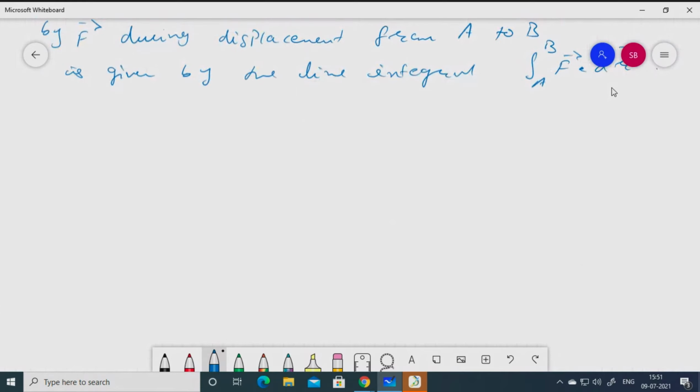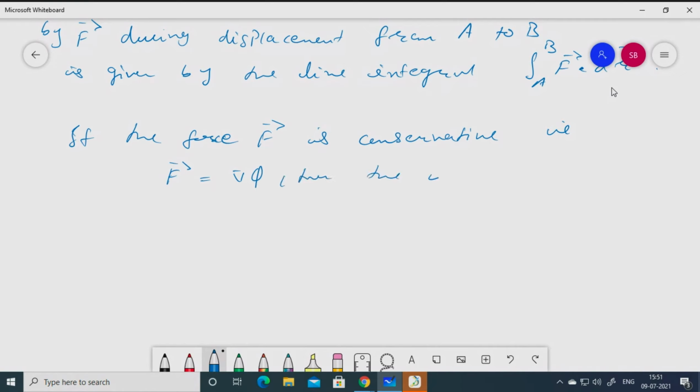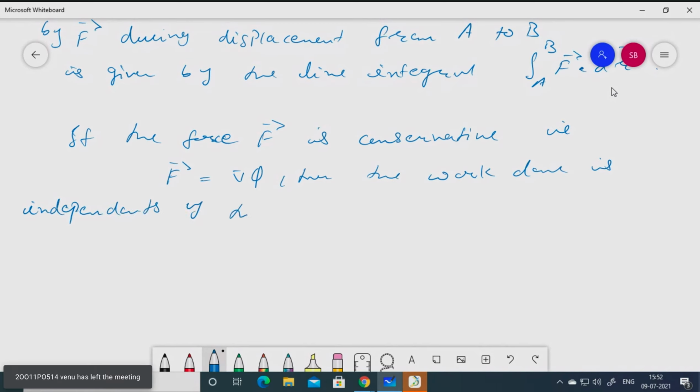Okay, so if the force f bar is conservative, and you know f bar conservative means f bar is del phi, then the work done is independent of the path and vice versa.